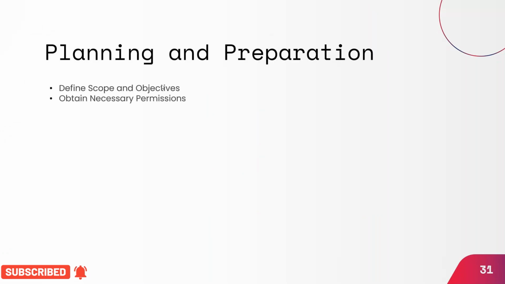So first, what happens? Initially a client, let's say if you're working for a service-based organization, you might be getting a client. He will explain the requirement to you, correct?